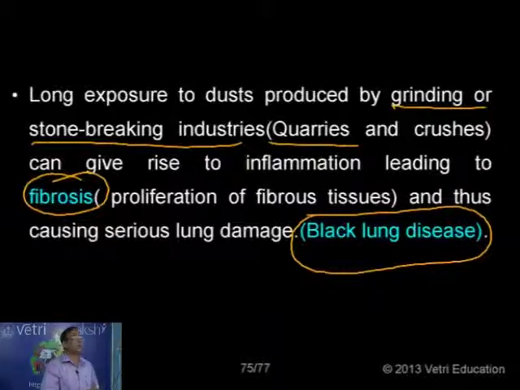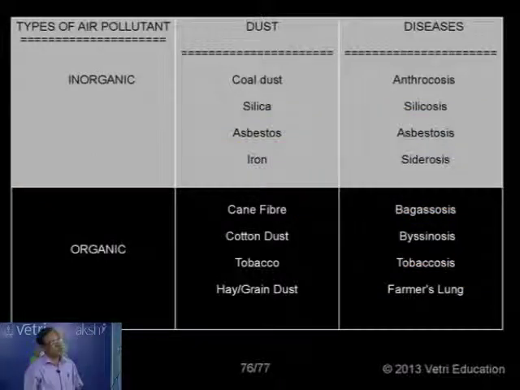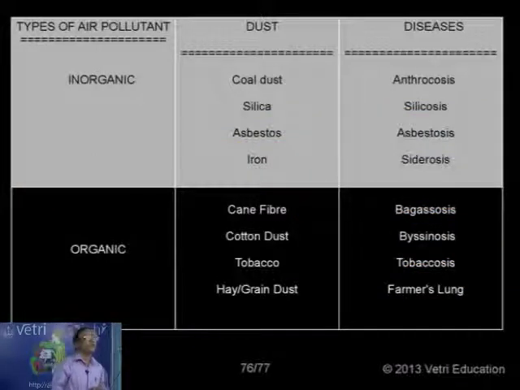So there is one question: people who work in quarries develop black lung disease, and what are the other types of disorders caused by working in a particular factory or industry?